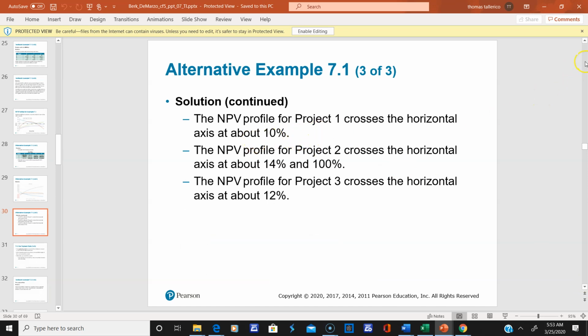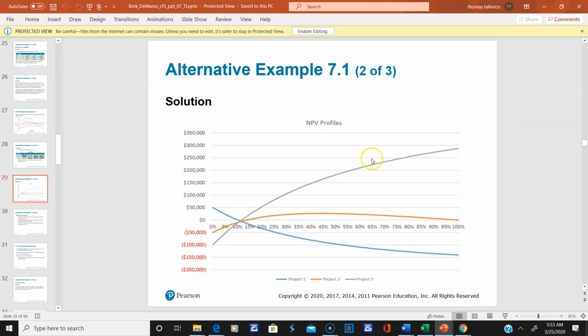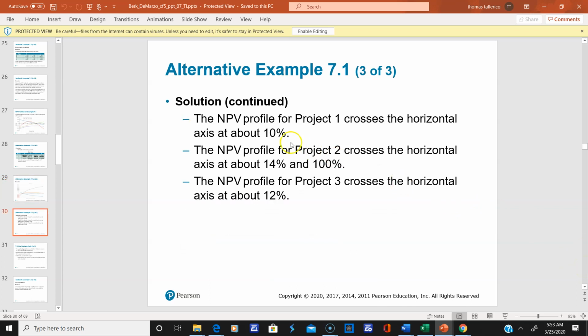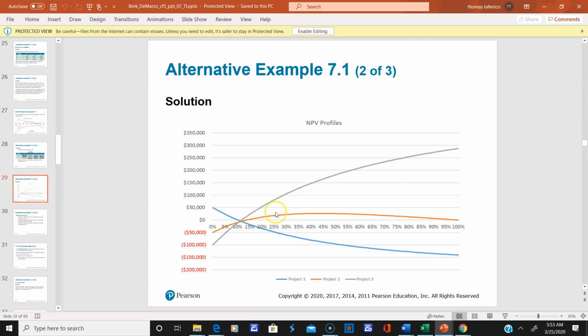So you see that right there again, all right? And then again, this one crosses over here. So the profile for project 1 crosses the horizontal axis at about 10%. I guess the graph wasn't that exact, but they're all around 10, 12, and 14.